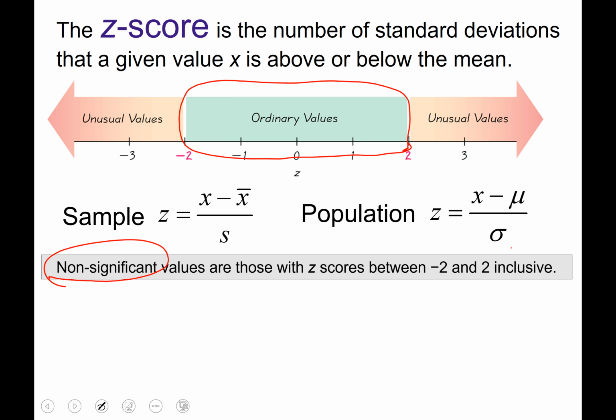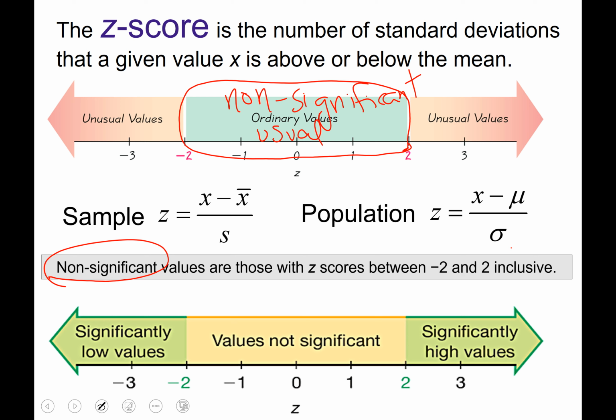So that is the ordinary values, which we also sometimes call non-significant. Just think of it as normal. It's the usual. It's another wording for it. Usual, ordinary, non-significant. It's just you're within 2 standard deviations of the mean.